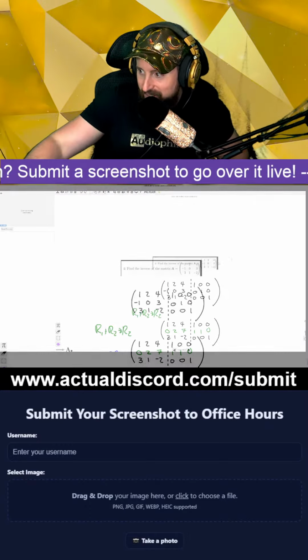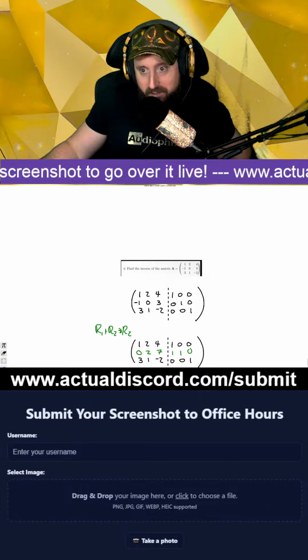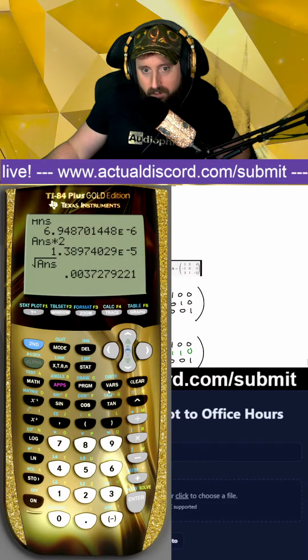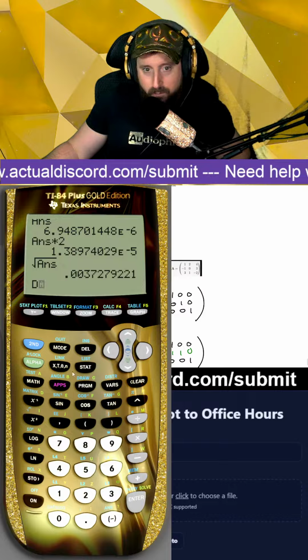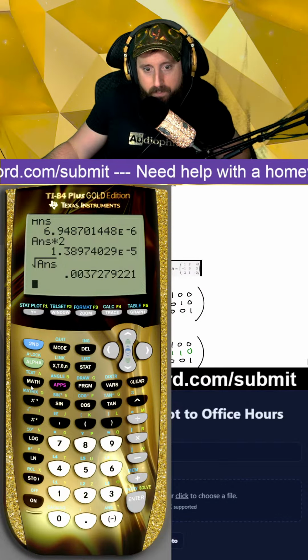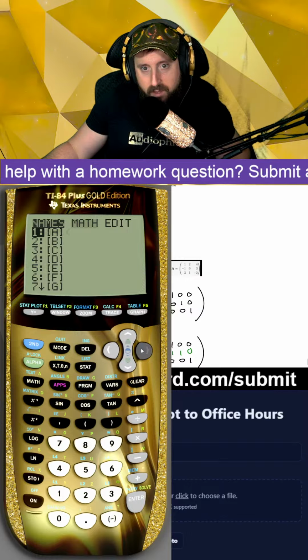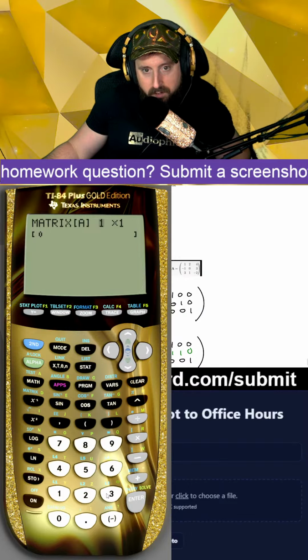All right, let's just see if, actually I can do this on my calculator. We'll do this on my calculator real quick for you guys. So yeah, if we go to, wait a second, quit. Second matrix, edit. Let's make it a 3 by 3.